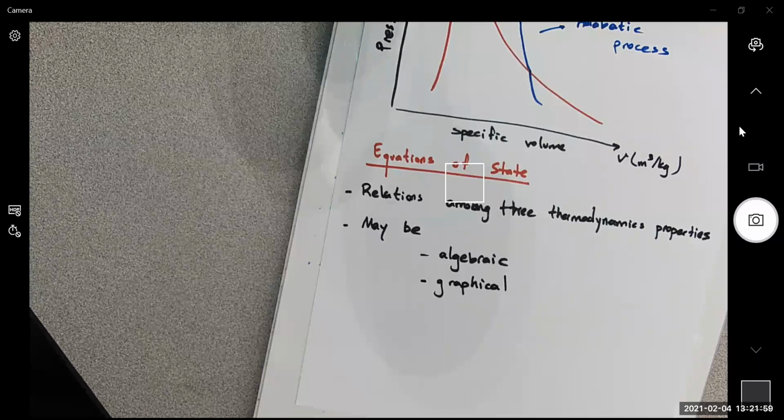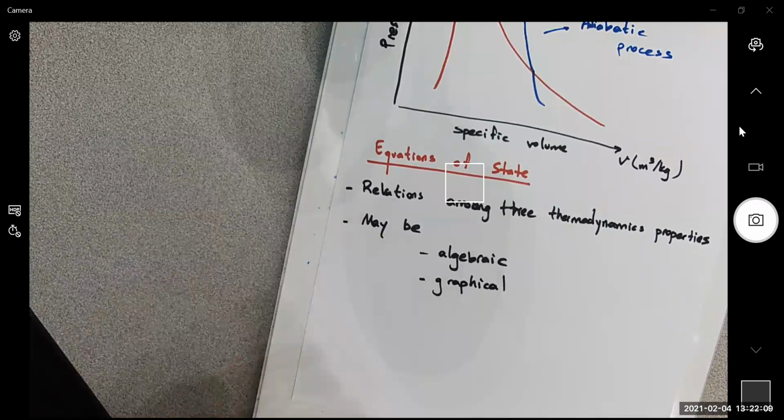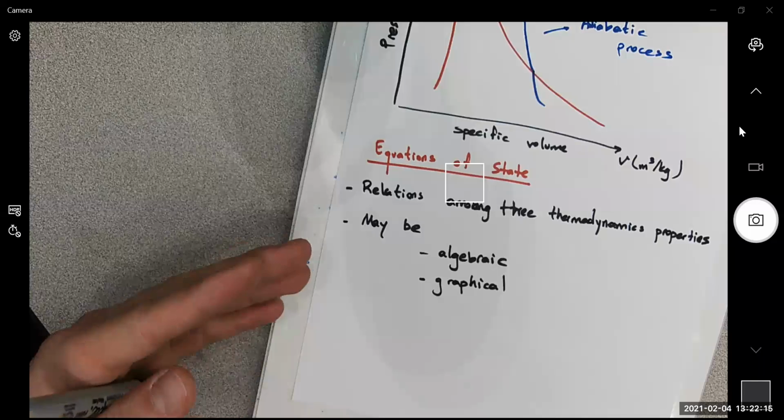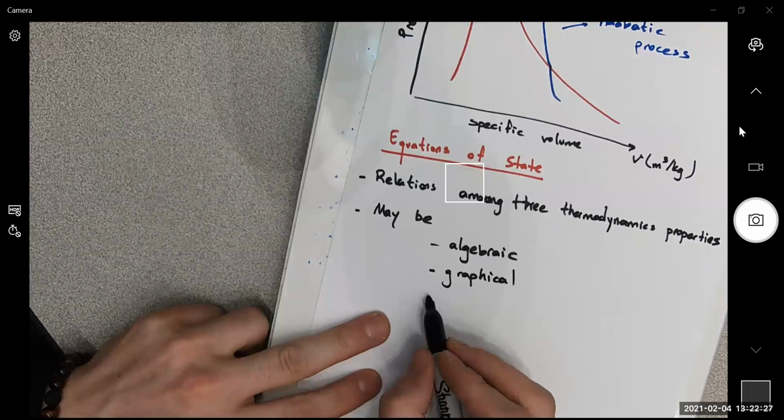Those graphs, I will try to find an example and show you. They're not nicely curved. The pressure side is different from the temperature side, and when you look from a temperature-pressure side to find a specific volume, it's quite hard to find an exact property.